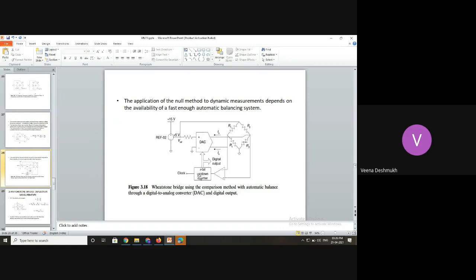Once these saturation levels are sensed, these digital ones are converted to analog, and those analog readings can be more precise than actually measuring the potential difference across the bridge. So this is another way to take care of the lead resistors and also the non-linearity of the measuring system. So this method is called the comparison method.